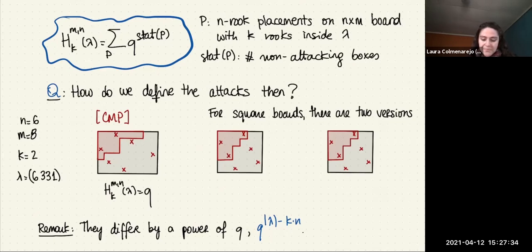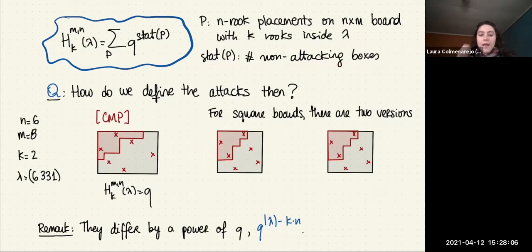So what I want to do, like what I was doing for the Q-rooks, is put a rook placement on the board, and here the m and n are going to define my board, and then I'm going to have a shape, and the k is going to say how many of them are inside the shape when I'm having n in total. And then I want to do some kind of attack, and then I just want to count the number of boxes that are non-attacking.